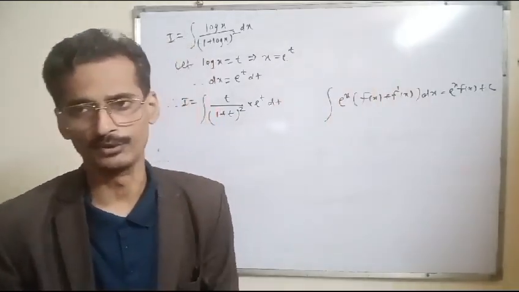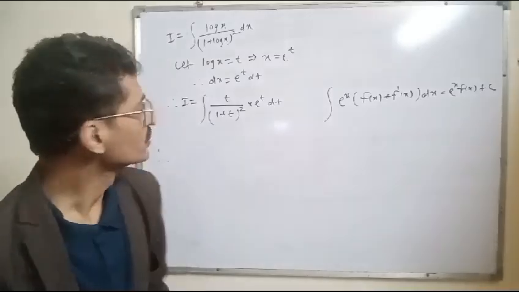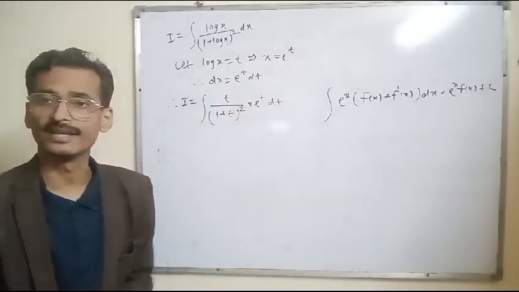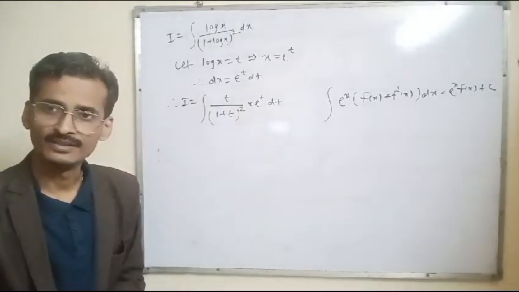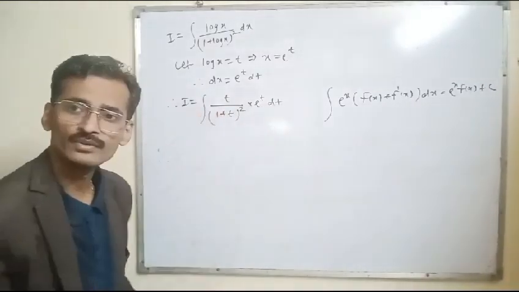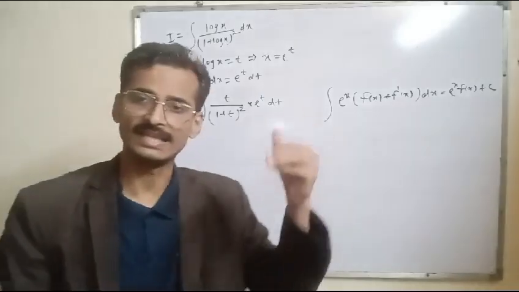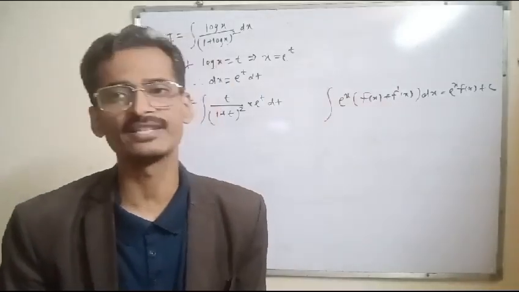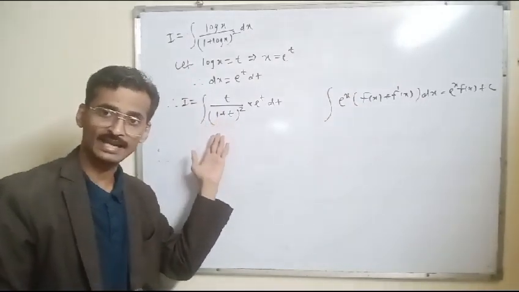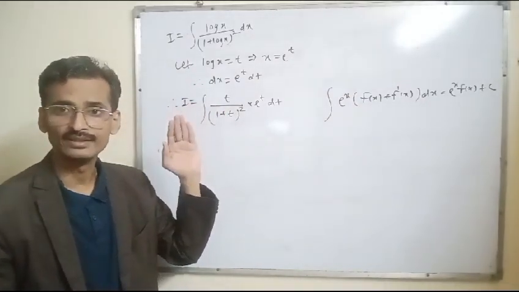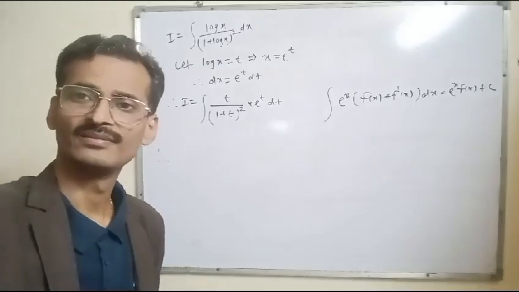Proof is given in the textbook. This is one theorem actually. So here we can use this theorem, or you can say formula. So write first e raised to t. But then we want two terms. One we want a function, and second we want the derivative of that function. So is it possible to write here like f of t plus f dash of t? So think on this.